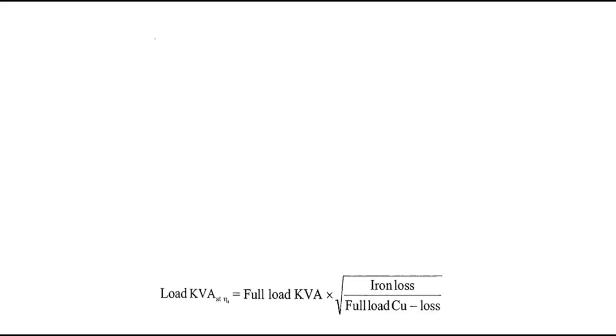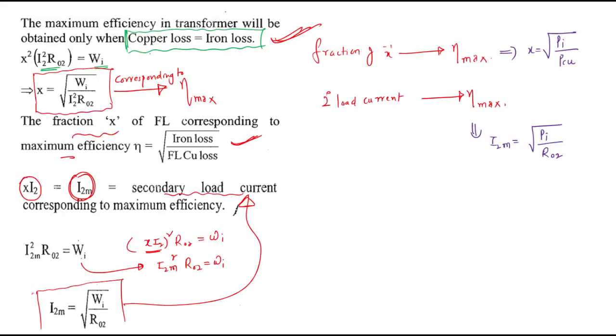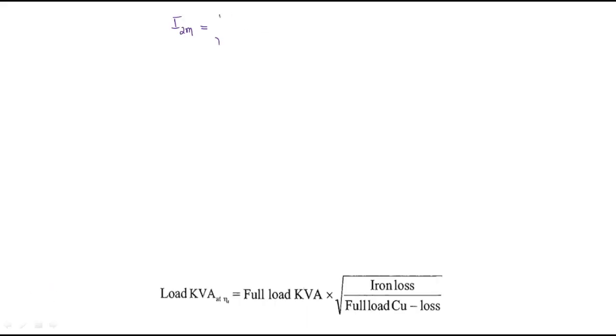So what is the formula? I2M is equal to the square root of Wi by R02. Let us multiply with the secondary terminal voltage: E2 I2M is equal to E2 times the square root of iron loss component by R02. Okay. So from this, can I write I2M like this?